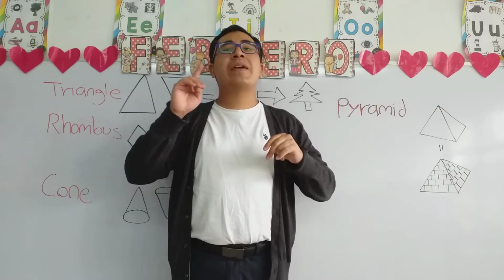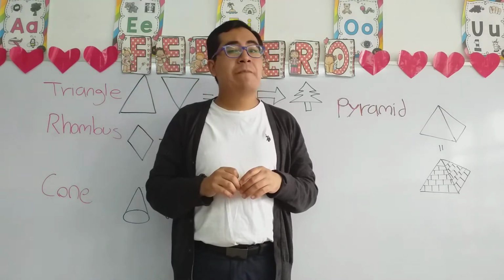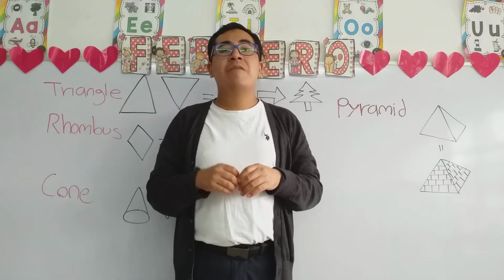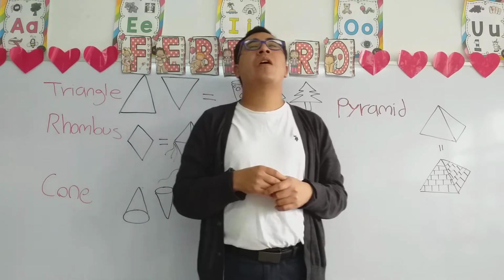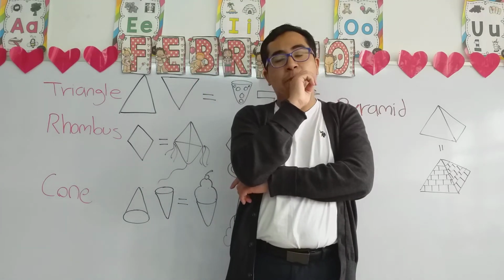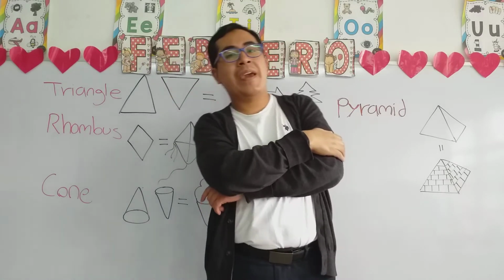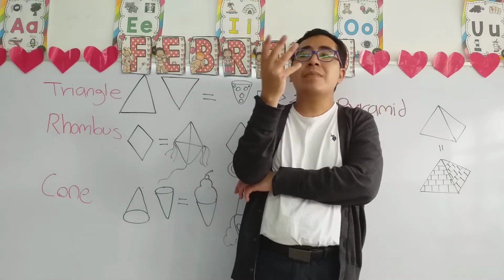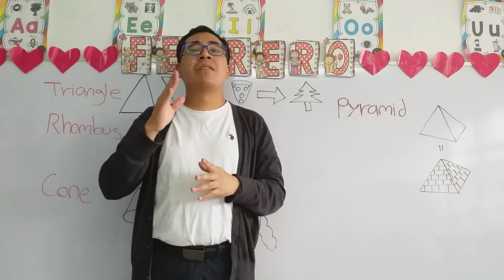And then we had inclined line, the one that is similar to the number 7. Remember, inclined lines are all of those that are tired, that are sleepy, and that's why they are like this. Okay? Very good.